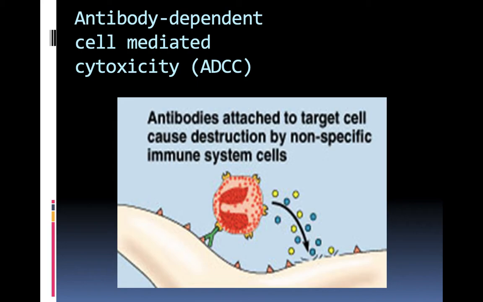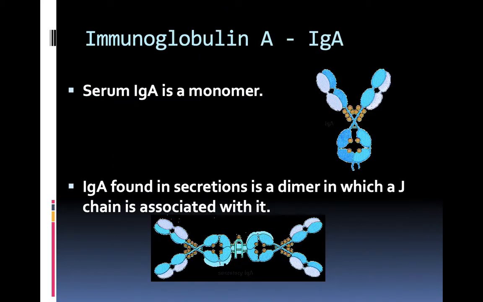But here we just remember how antibodies like IgGs participate in the process of cell destruction by immune cells and or non-immune cells, as initiated by antibody binding. Next we will have our second isotype of antibodies, immunoglobulin A, IgA.